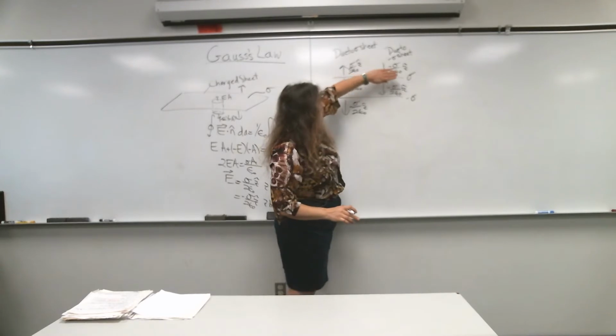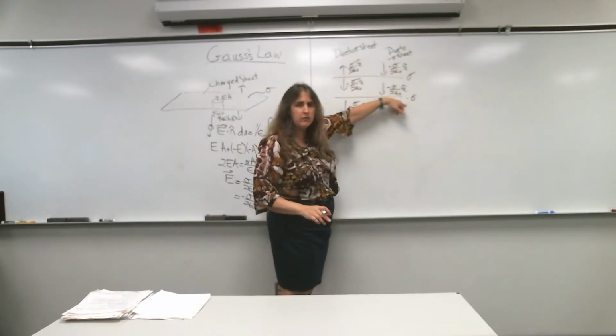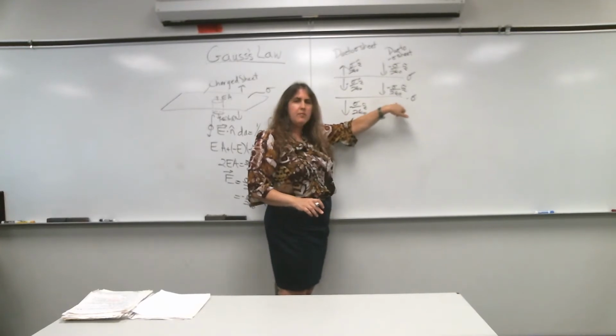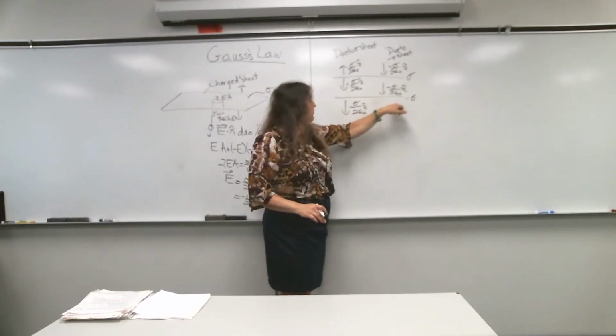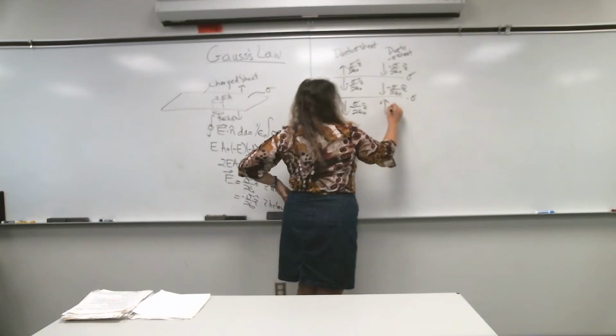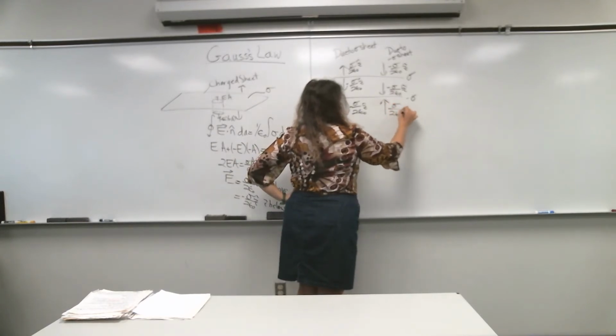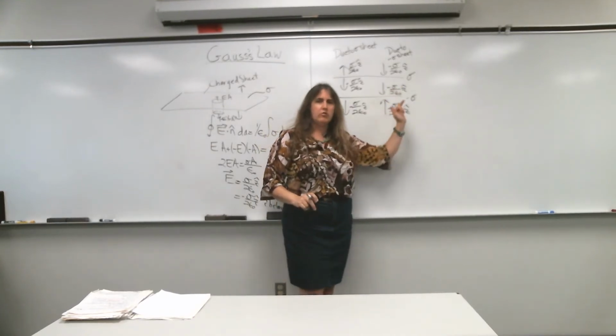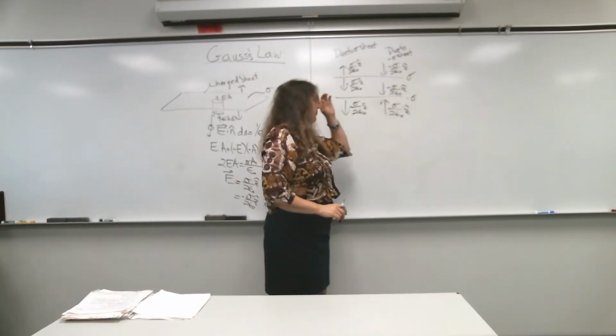Now, forgetting about the positive sigma sheet, we're only dealing with the negative sigma sheet. The electric field is going to point towards the negative charges, and below it, the electric field lines are going to point upwards.